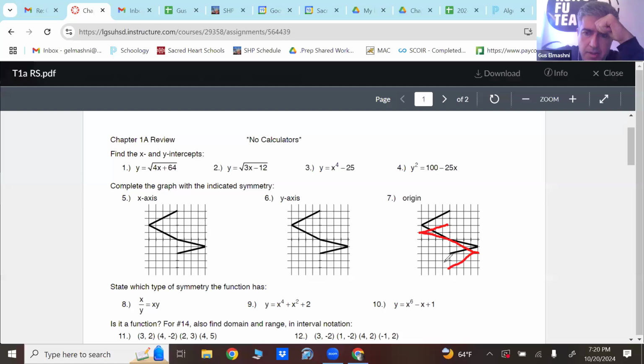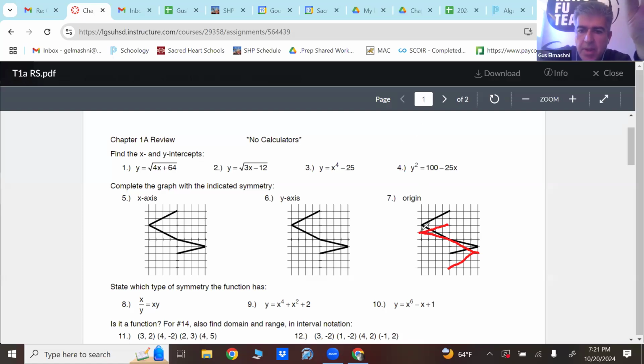I think you just switch the sign of x or the sign of y. No, I think switch the sign of both. I don't think you swap the coordinates. That was dumb. I think you just change the sign of x and y.